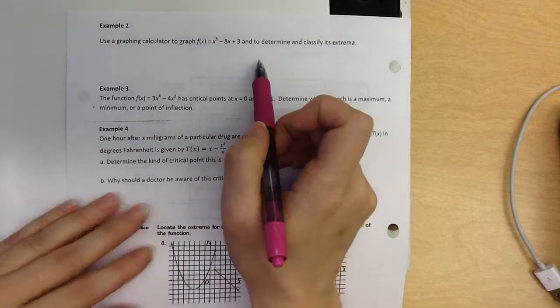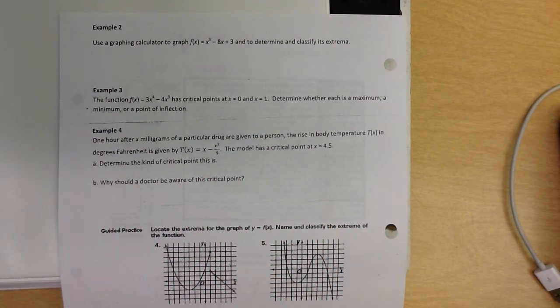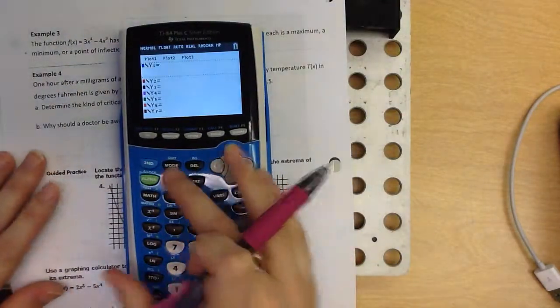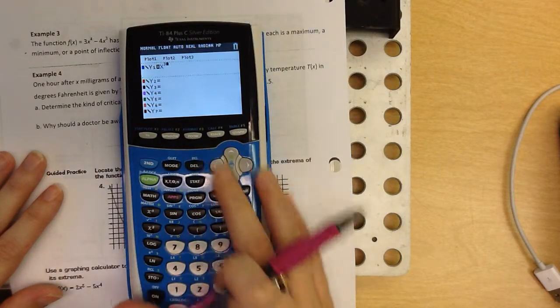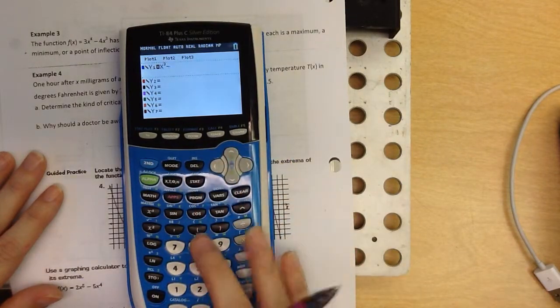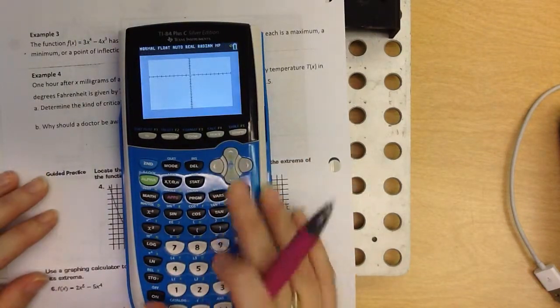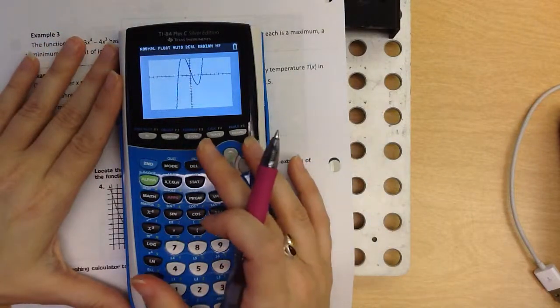Use a graphing calculator to graph it and determine and classify its extrema. So, hello little graphing calculator. x to the third minus 8x plus 3. This is where your calculator is going to be really handy, because it's not falling at integers, so you won't be able to tell from the table or even just by looking.